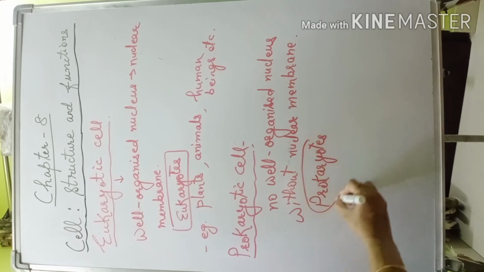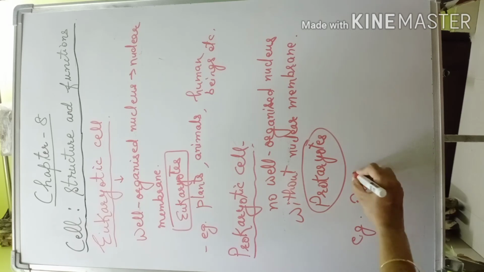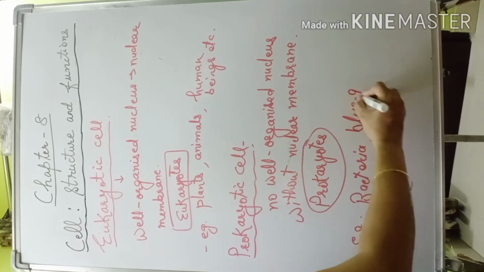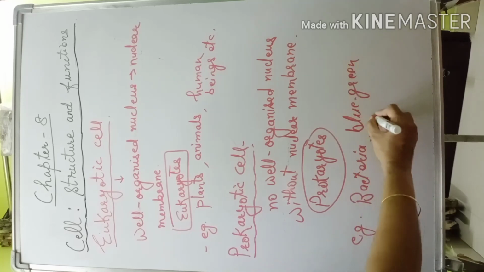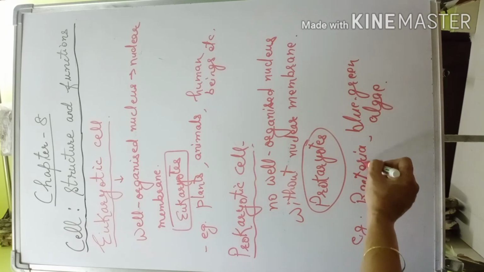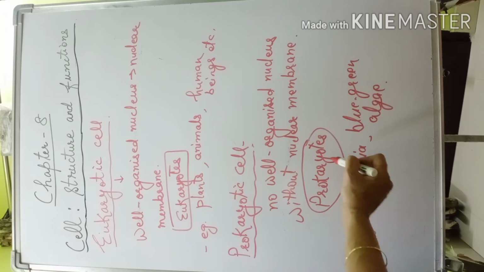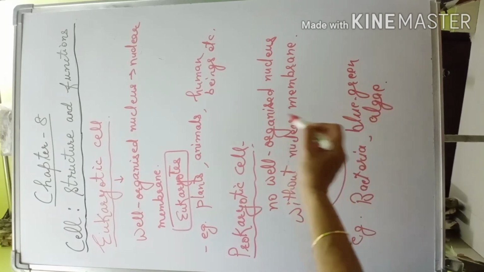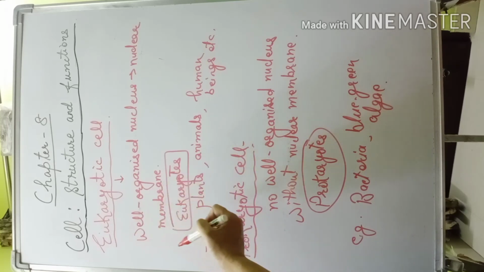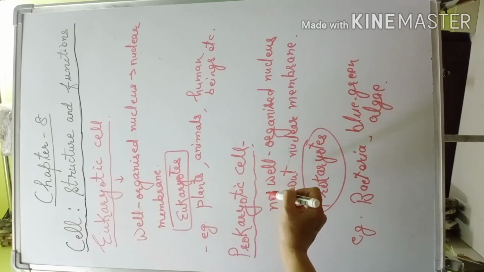For example, bacteria and blue-green algae. So only these two, bacteria and blue-green algae, are prokaryotes, and except these, all other organisms come under eukaryotes. So this is the difference between eukaryotic cells and prokaryotic cells.